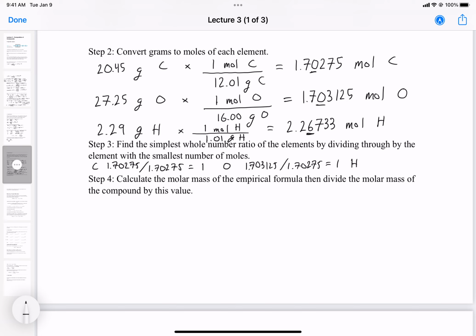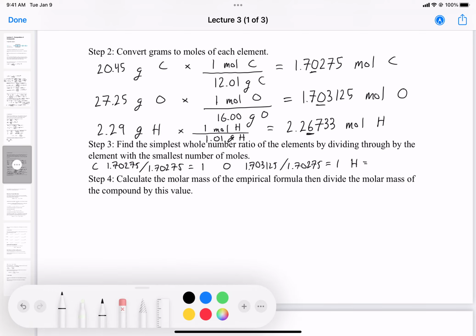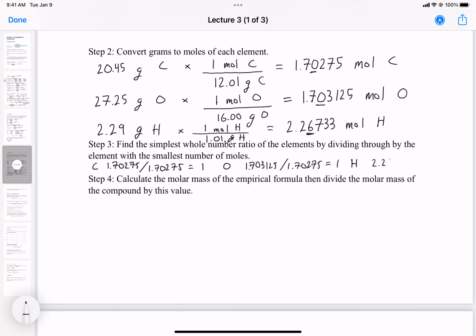And if we do the actual math here, 1.703125 divided by 1.70275, we see that it's essentially 1. Then hydrogen, we divide 2.26733 by 1.70275.